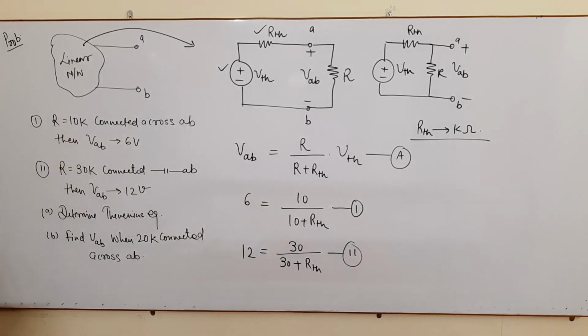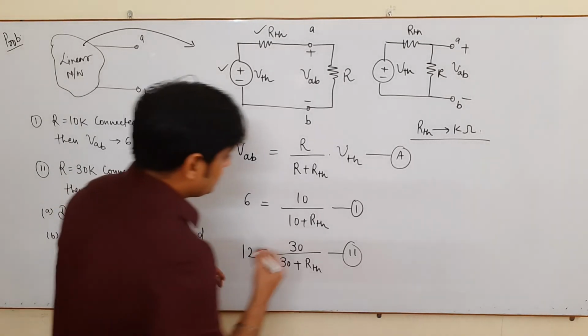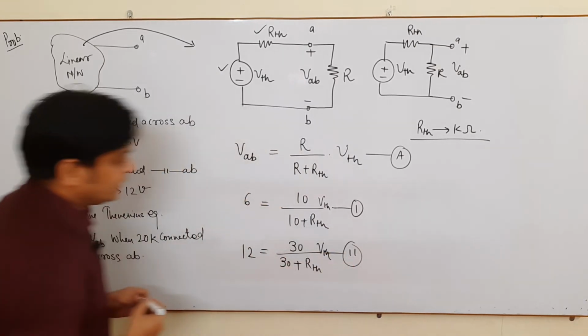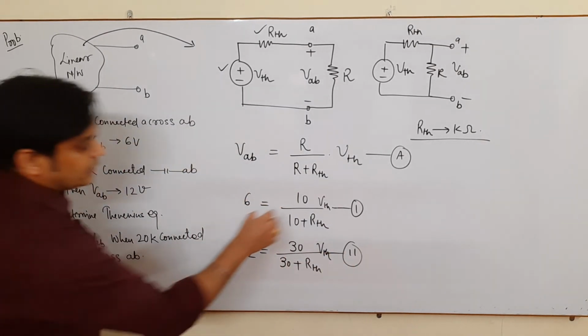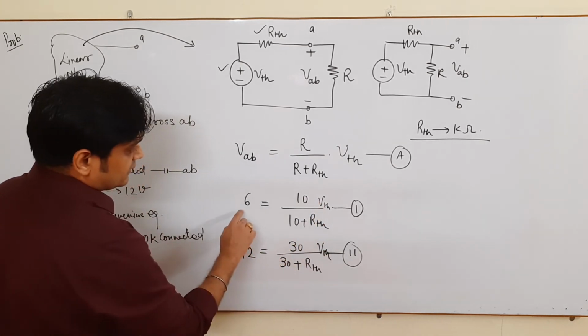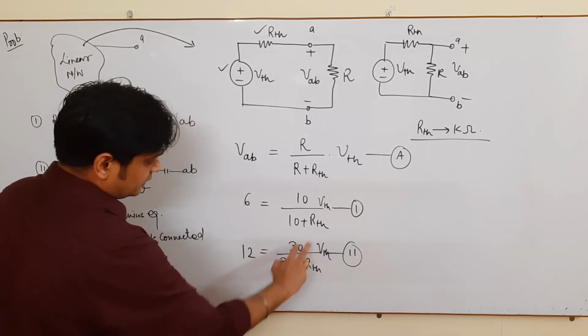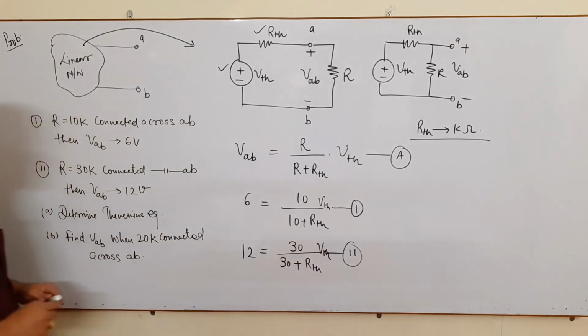Yes. So with the help of these two equations, I just forgot VTH, so please keep in mind VTH is also written here. So it is 6 equal to 10 upon 10 plus RTH into VTH, and 12 equal to 30 upon 30 plus RTH into VTH. So with these two conditions, can you find the value of VTH and RTH? Yes.